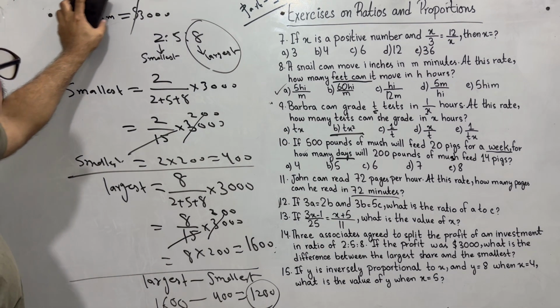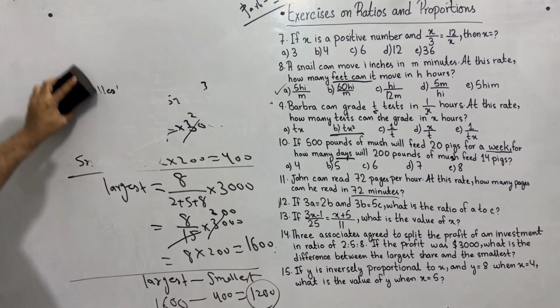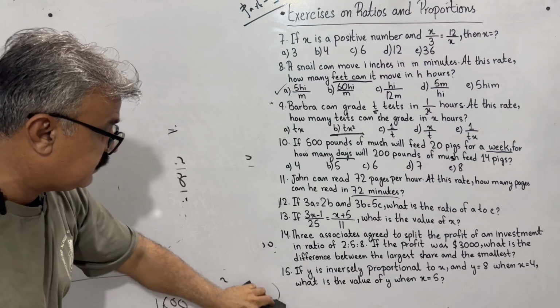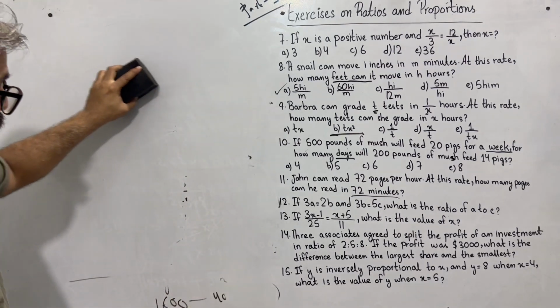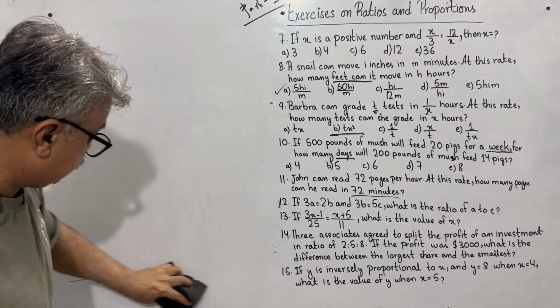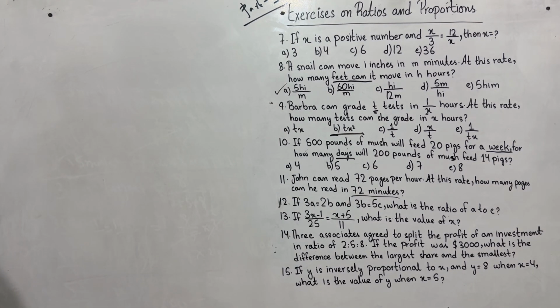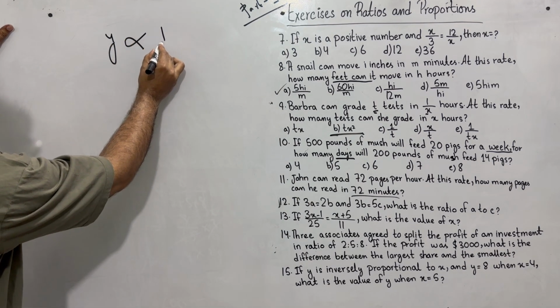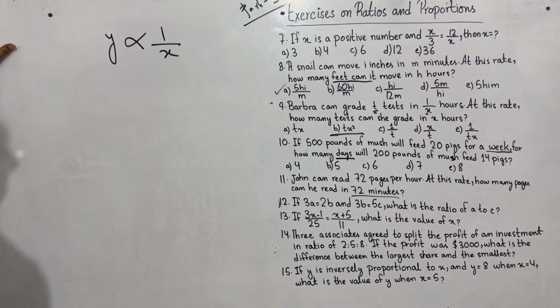Okay, cool. We are heading towards the final question, which is based on inverse ratio. If y is inversely proportional to x, then y is proportional to 1 over x.